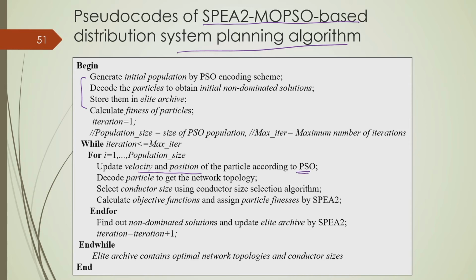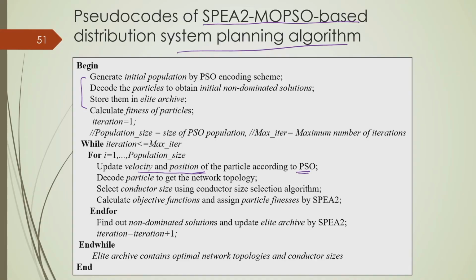But here we have two different objective functions, so we have two different fitness functions for each particle, and that is why it is a multi-objective optimization problem.